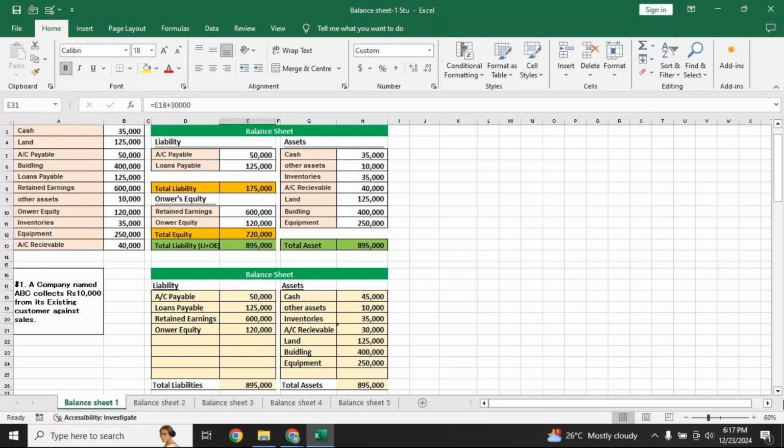Any doubts, please ask. In the first one, you just have to put the line items and make the total. On the liabilities and the asset side, the value should get tallied.